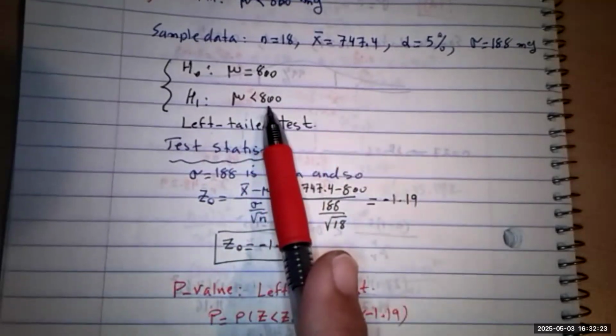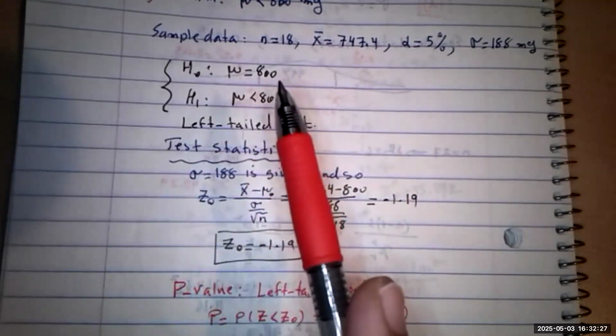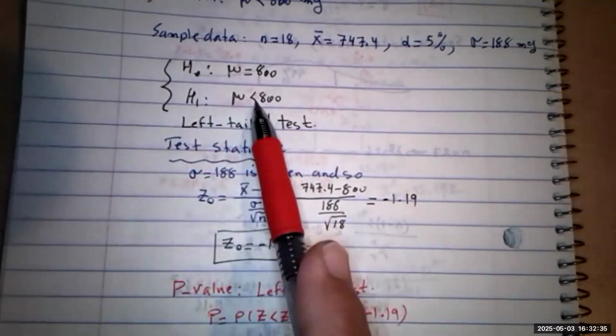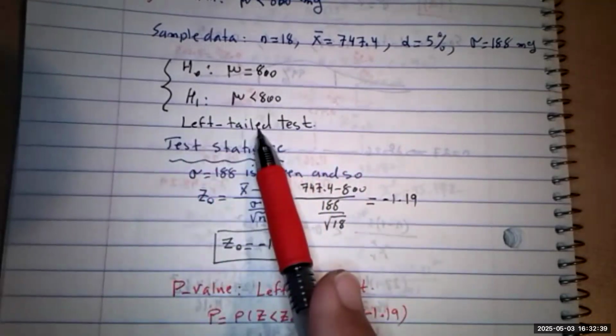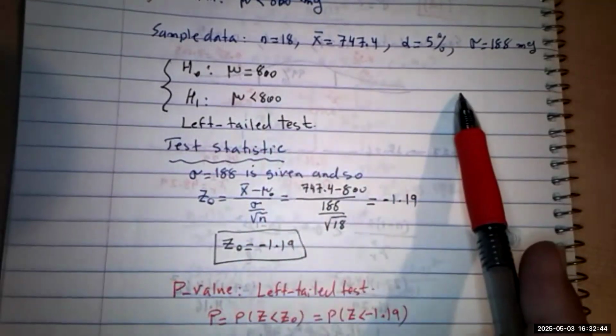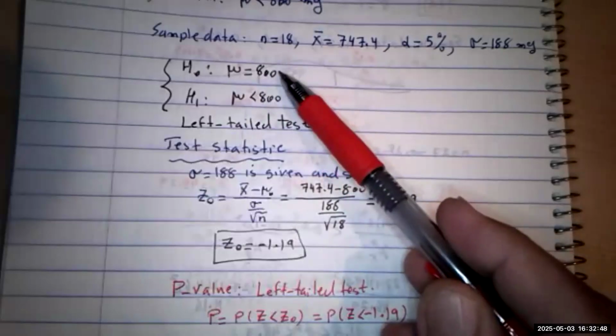If it's going to be not equal to, we say two tail test. It's important because when you use the application, the numbers and the solutions would be different. Less, left tail, or just one tail. Greater than, right. Not equal to, we say two tail. So that's the first step that you have to identify.